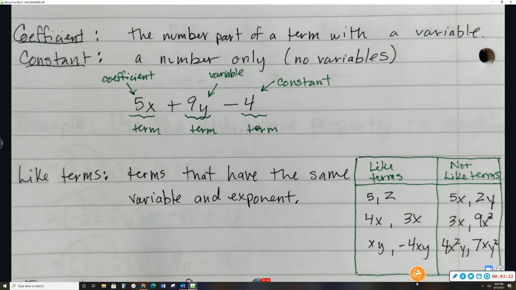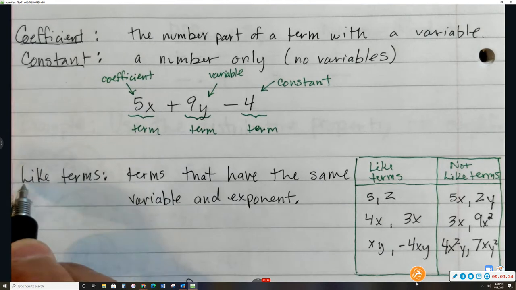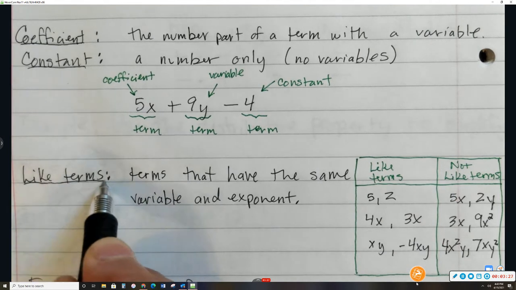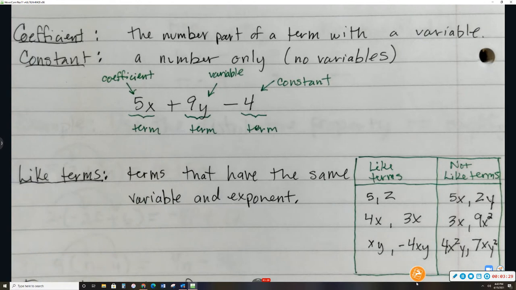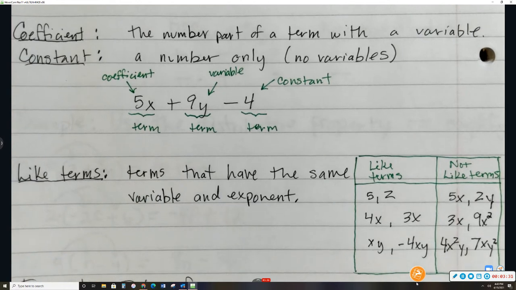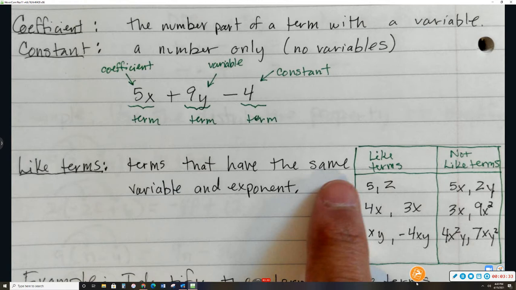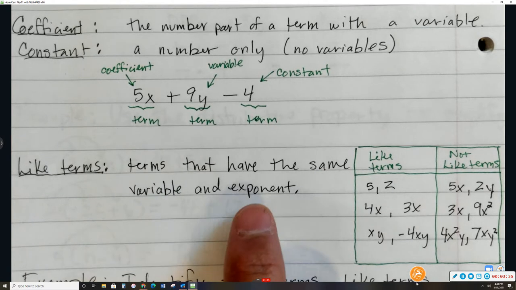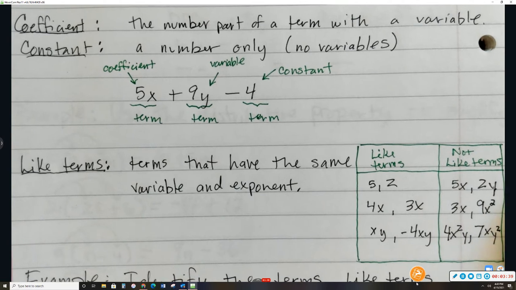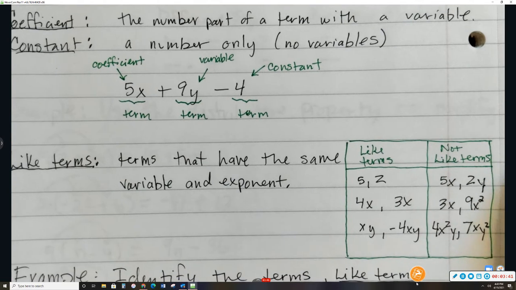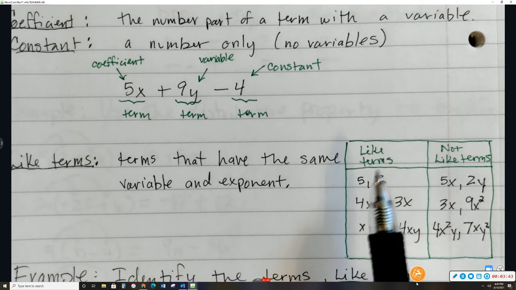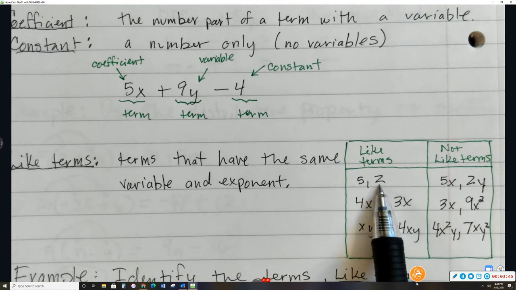Okay. And then we have like terms. I know Mr. Davis and I have been saying like terms lately. Like terms, those are just terms that have the same variable and exponent. Okay. And you'll see I have some examples here. Like terms, here this is 5 and 2.